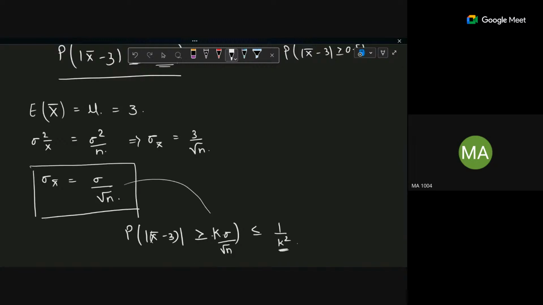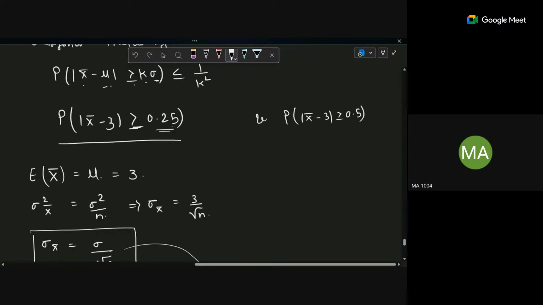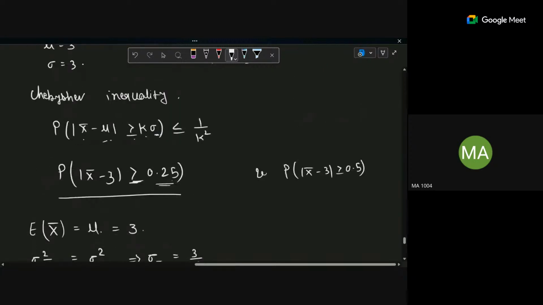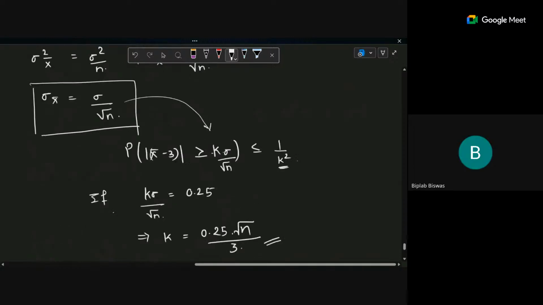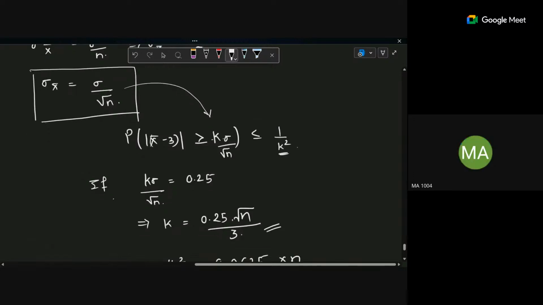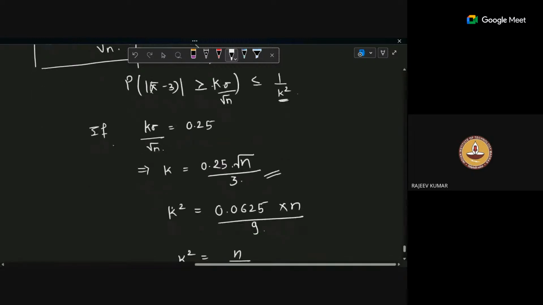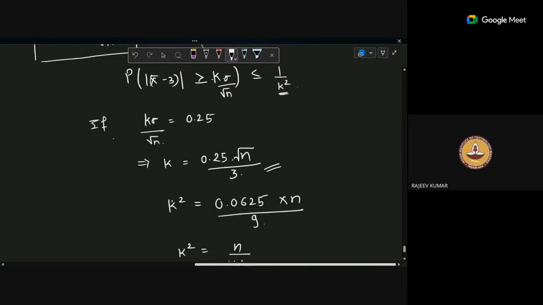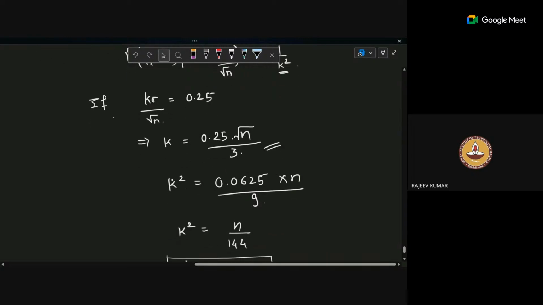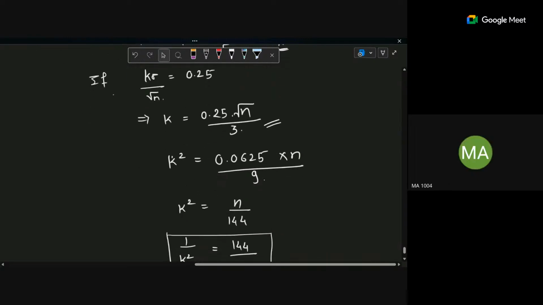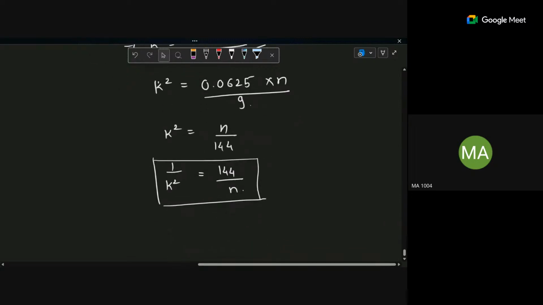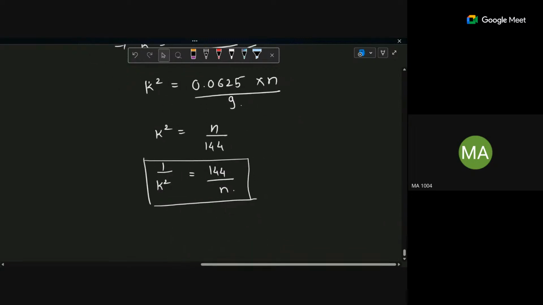When you use this Chebyshev inequality, this sigma is for the sample mean, sample variance. Ma'am, in the weak law of large numbers, sigma square by n delta square, that sigma is the population variance? Yes. In the weak law of large numbers, we use that, that is population variance.